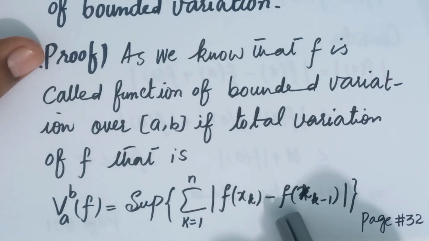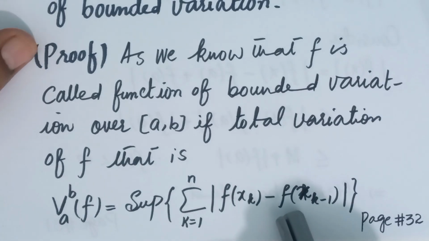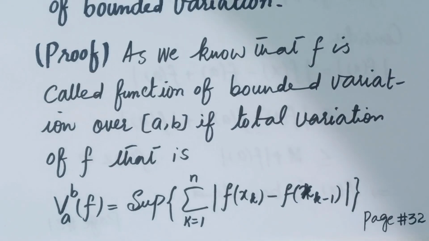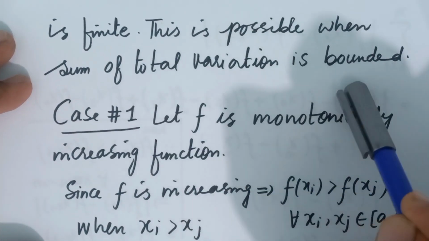This sum is called the sum of total variation. So this is the definition of total variation. If this total variation is finite, then f is called a function of bounded variation. Further, this total variation will be finite if this sum of variation is bounded. So this is possible when the sum of total variation is bounded.